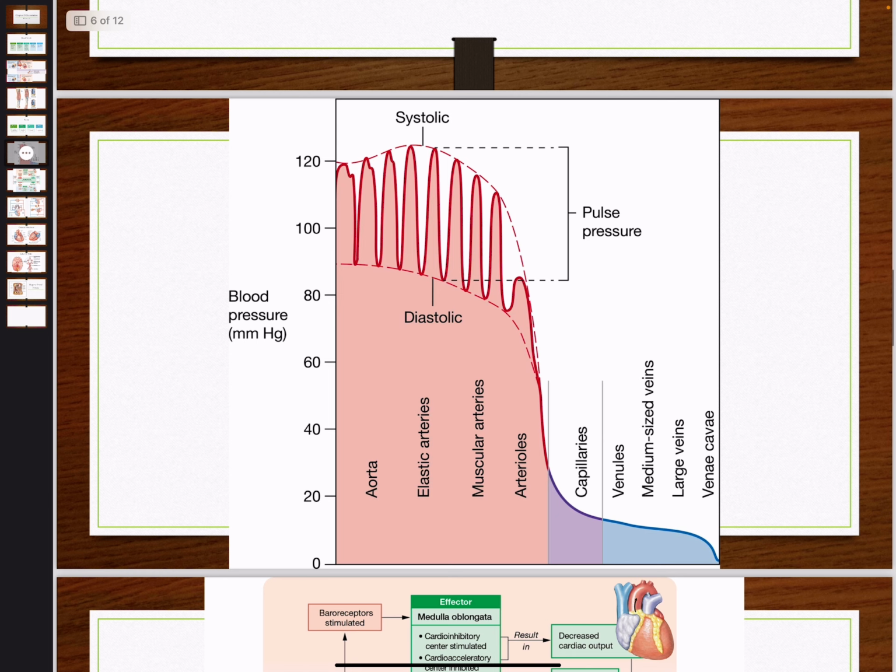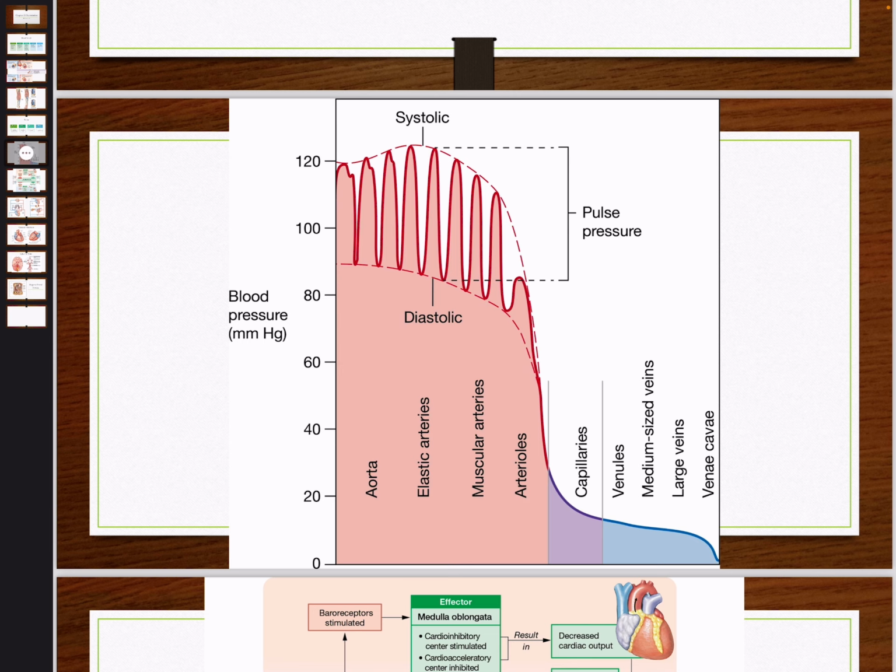All right, so right here we have blood pressure and how it pertains to systolic and diastolic pressure. And of course, the pulse pressure is right there because it is the difference between the diastolic and the systolic pressures. When talking about blood pressure, we see that based on where the blood is flowing, blood pressure does change.